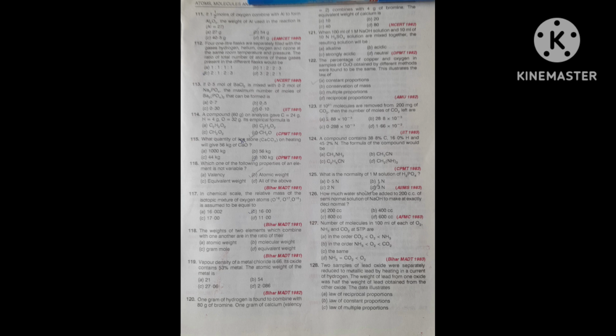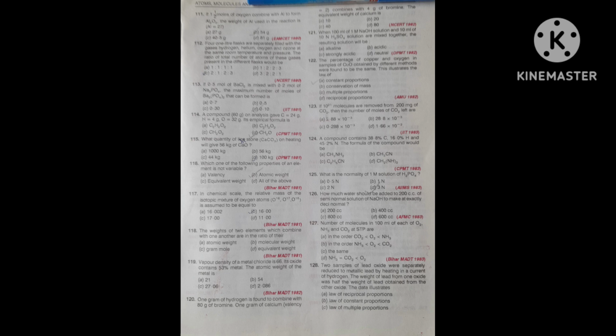Actually, it is based on the empirical formula. Then easily you can solve it. Carbon percentage is 38.8%. Hydrogen percentage is 16%. Nitrogen percentage is 45.2%. Then atomic weight of carbon 12, hydrogen 1, nitrogen 14.